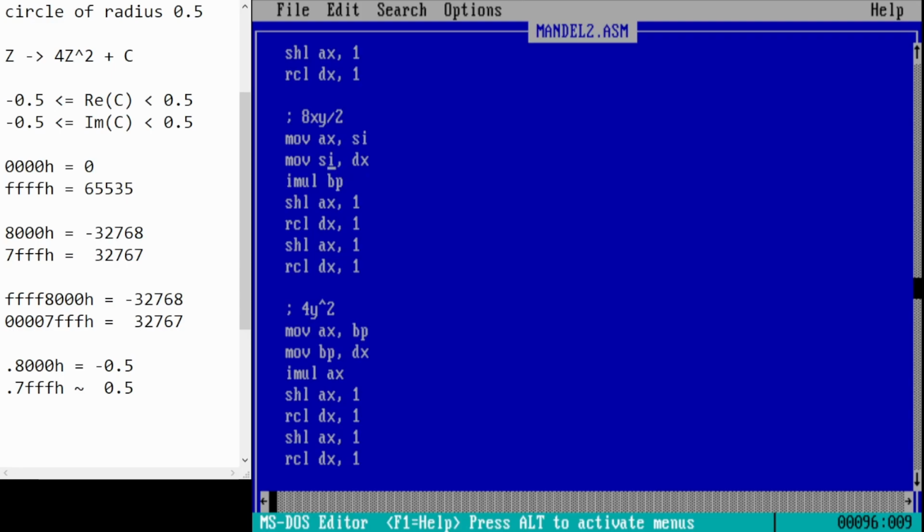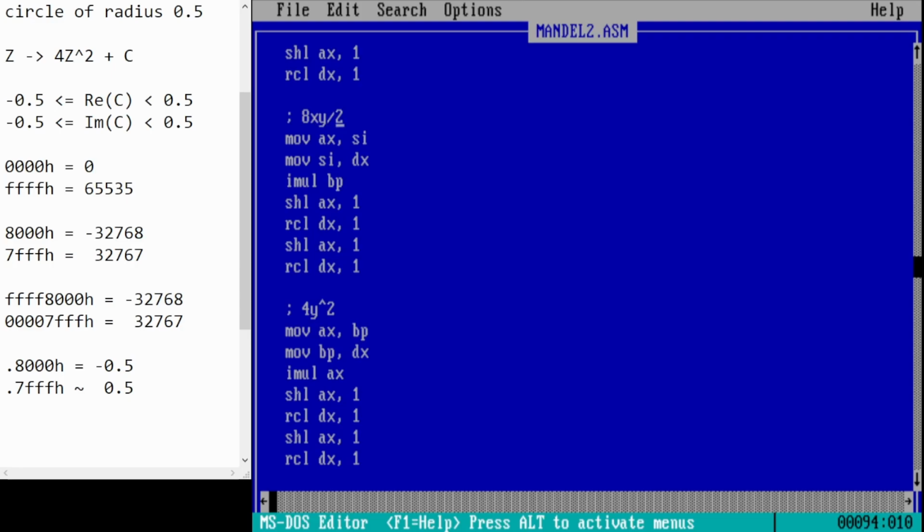It turns out to be fine to use that because I just pulled the value out of that I need for the last time, and so that register is now free. And so then I just compute 4 times this value. Now, why not 8, since that's what the formula calls for? Well, it turns out from this point on, I want to deal with shifted values.